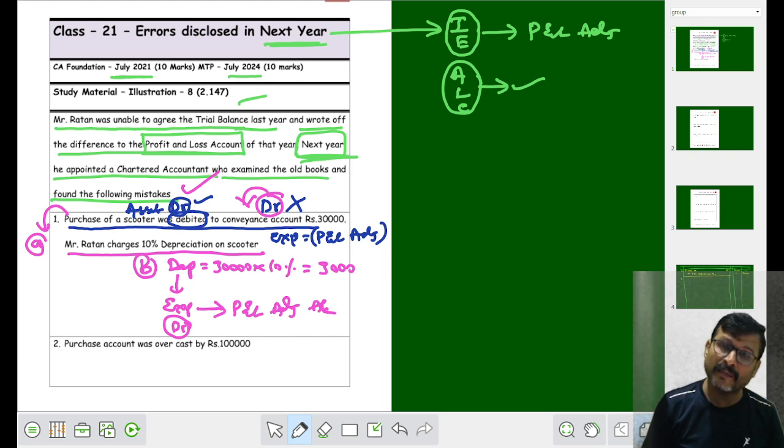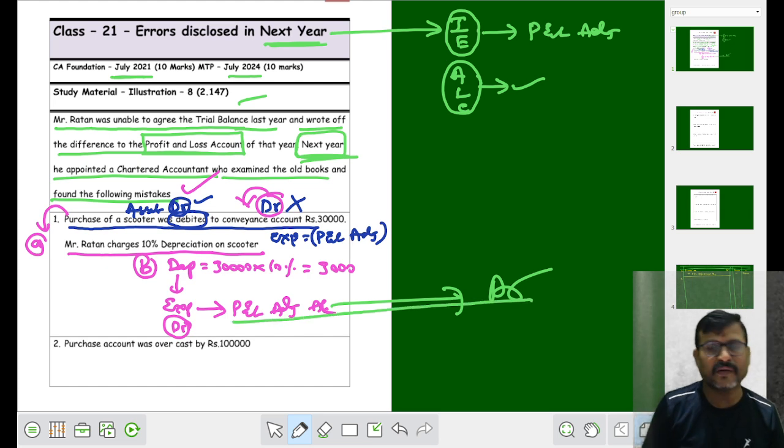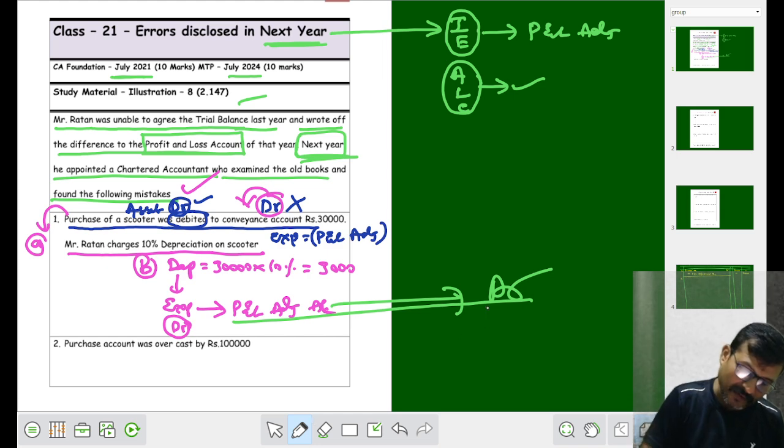Now what is the entry? For this entry, profit and loss adjustment account debit, then which account is to be credited? Because it reduces the value of a scooter. Depreciation will reduce the value of a scooter. Scooter account is to be credited. Am I right?